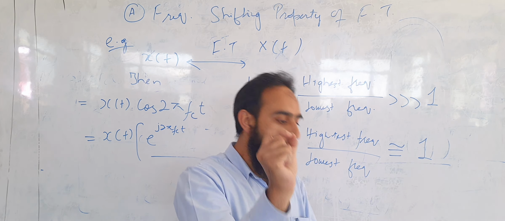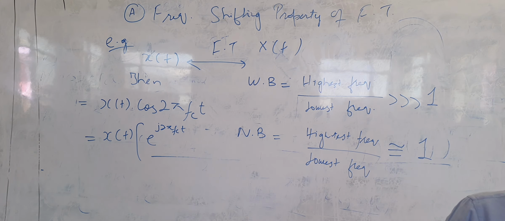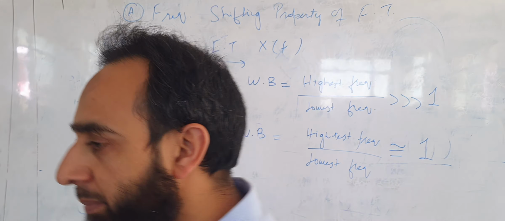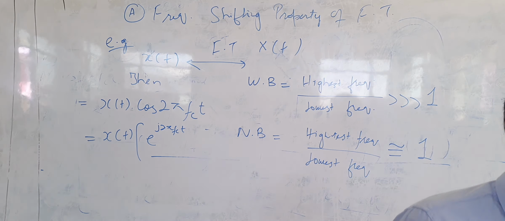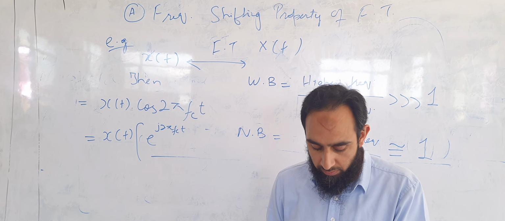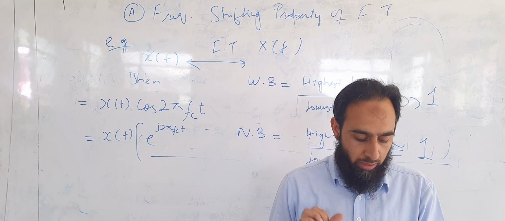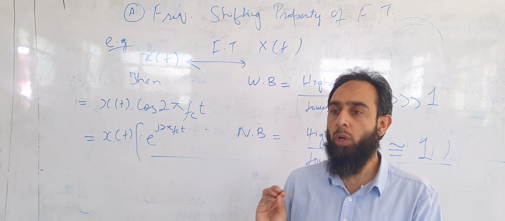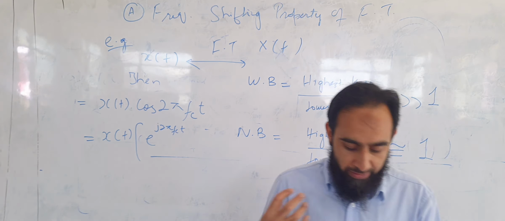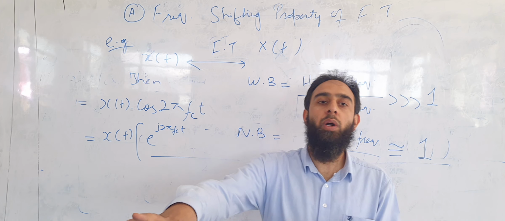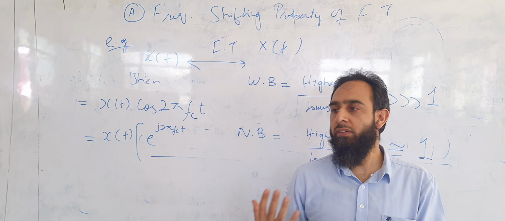So you write demodulation and underline it. Point number 1. Demodulation is the process of reconstruction of the message signal from the modulated signal at the receiver side, right?